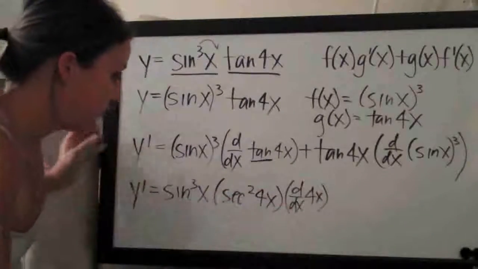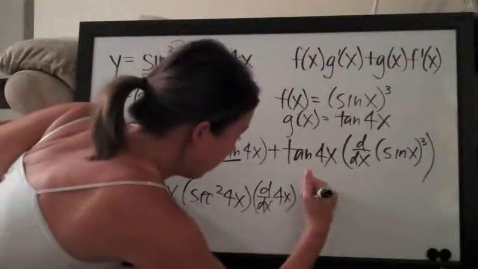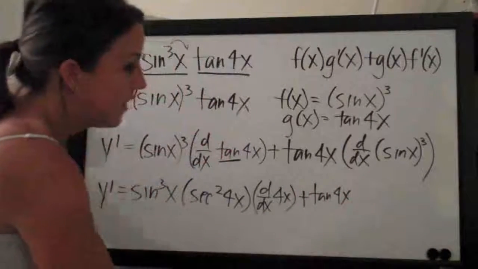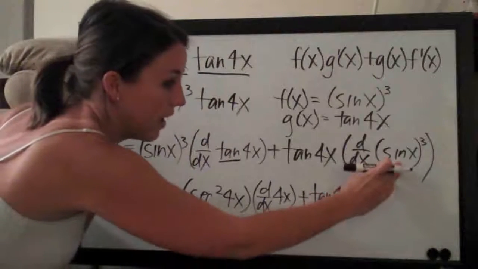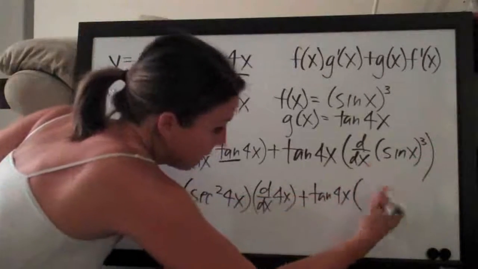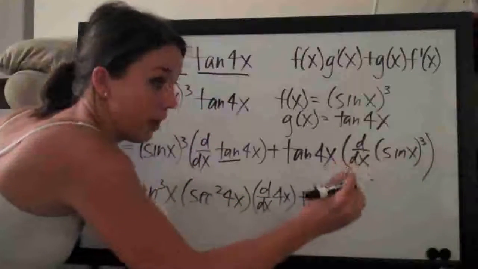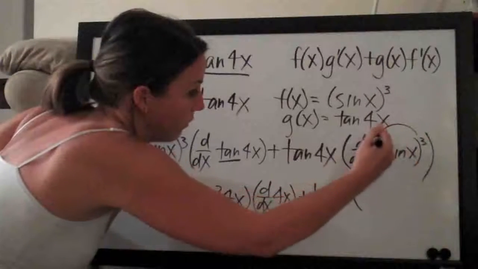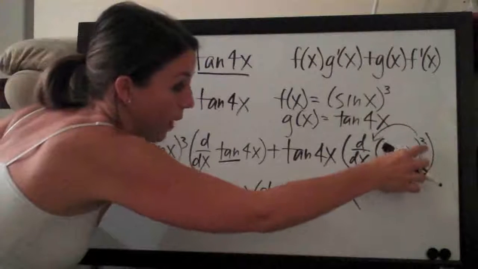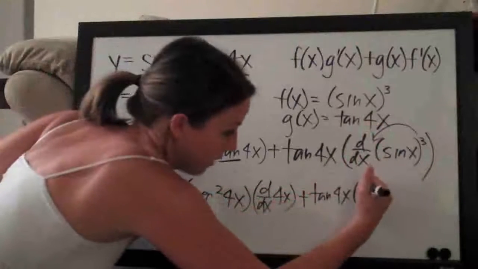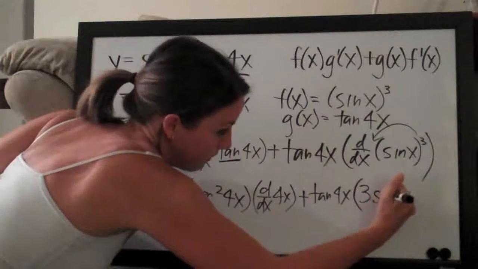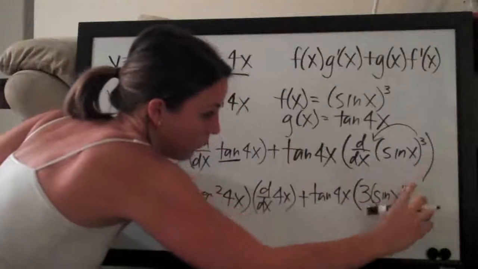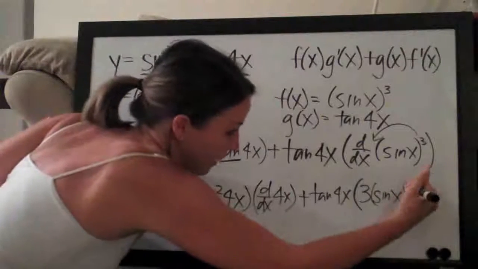Again, working from the outside in, let's say plus tangent of 4x, and then taking the derivative of sine of x cubed. Again, we start with the outside. Because we have the cubed exponent out here, we bring that out in front. Taking the derivative using the power rule, we multiply by that 3 in front: 3 times sine of x, and we subtract 1 from the exponent, so we get a 2 here.